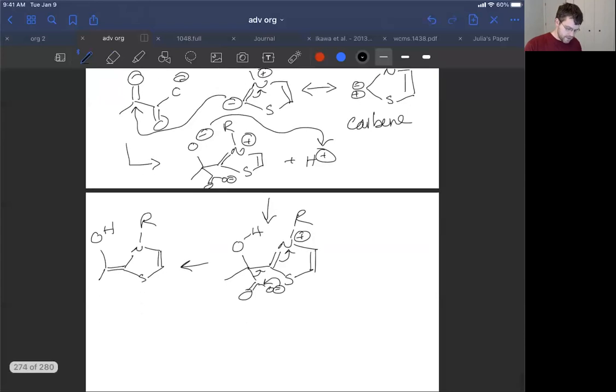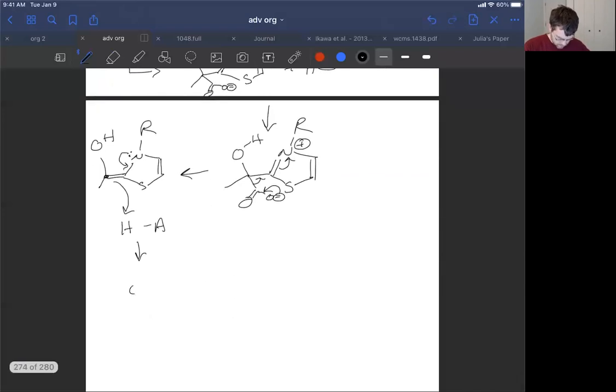Okay. Now this species isn't going to last too long because we can react with an acid where the nitrogen comes over and an H+ gets added to what was the carbonyl carbon of our ketone. So now the nitrogen's back as a positive charge, but at least it's aromatic now.